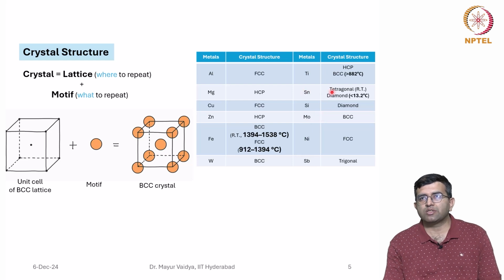For example, tin is tetragonal at room temperature, and diamond cubic at less than 13.2 degrees. There are metals exhibiting allotropic transition from BCC to FCC, for example, iron. Then you have titanium which is BCC at greater than 882, and so on.